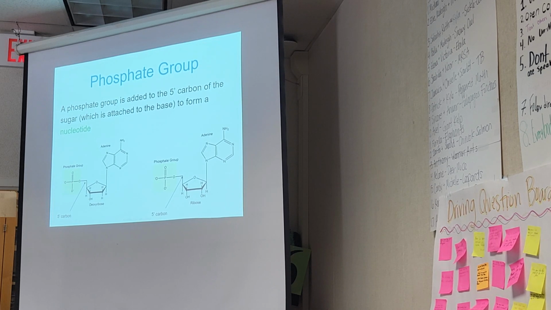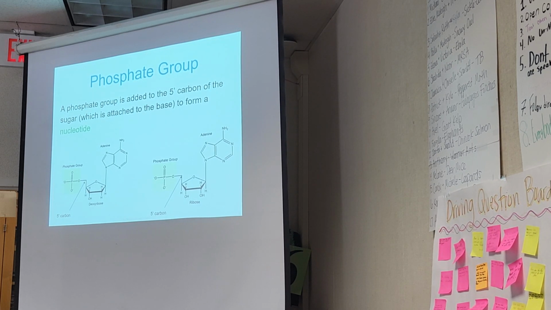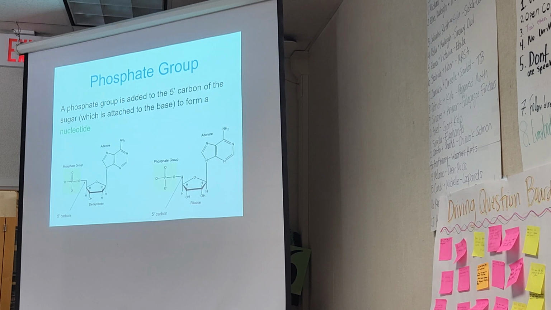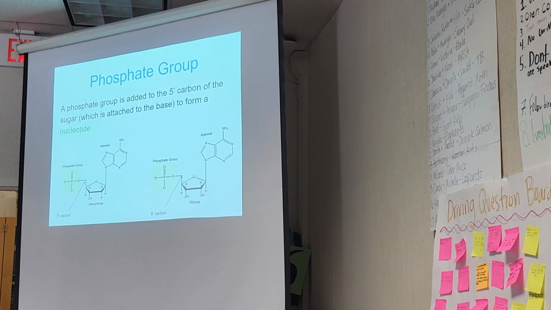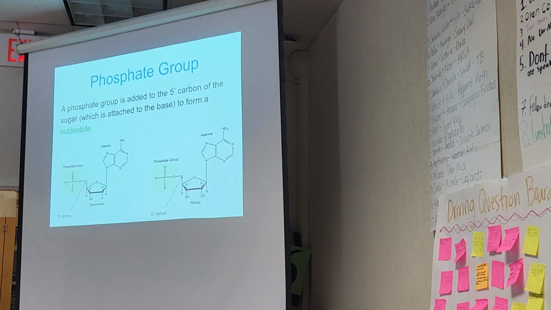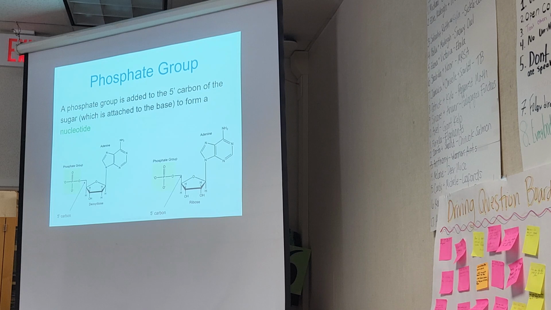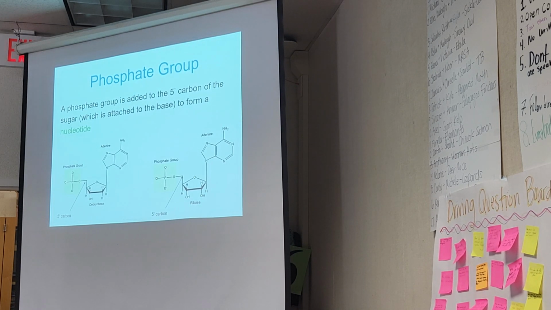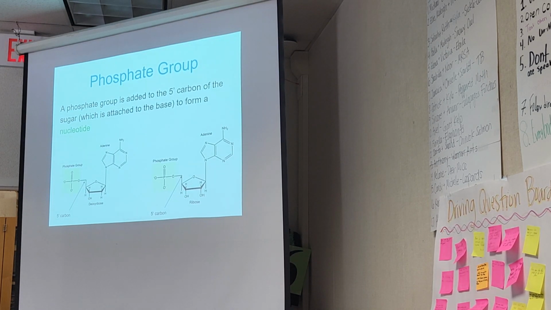So again, we have a 5 carbon sugar, right? A pentose. The 5' is where the phosphate group is attached. So we're all squared away with that. And that's on our DNA molecule, right? Or our nucleic acid.